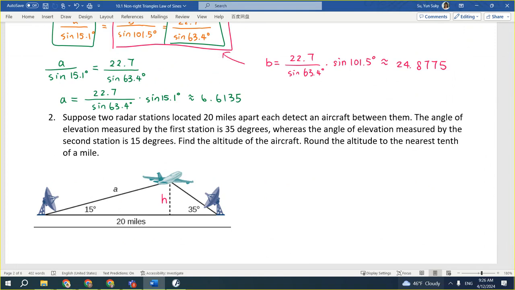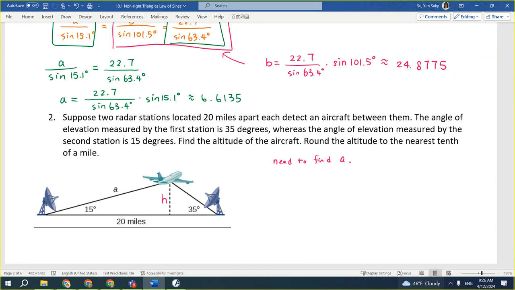Because once you know, let's say, a, then you know this is the opposite, this is the hypotenuse, and opposite over hypotenuse is what trig function? Sine of the 15 degree. So in order to find h, we need to find a first.